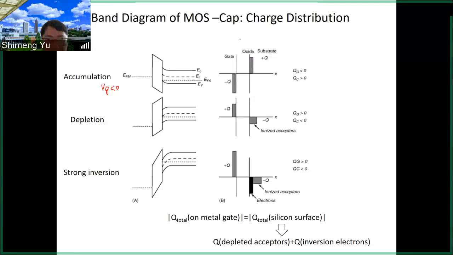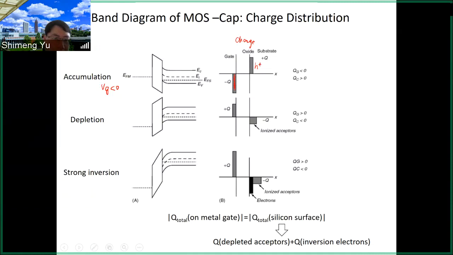So here this is a charge distribution. So negative voltage will introduce negative charge to the gate. And we said that in the substrate, the surface will be accumulated with the holes. So those holes will balance the negative charge to the gate.